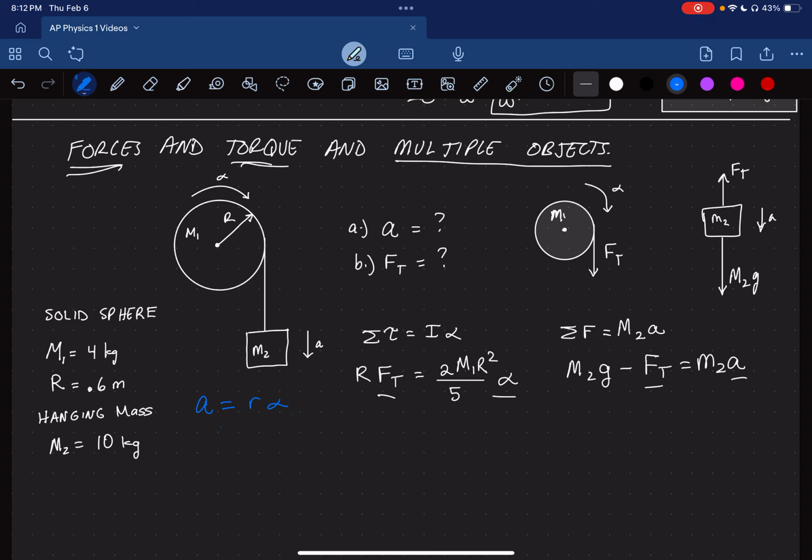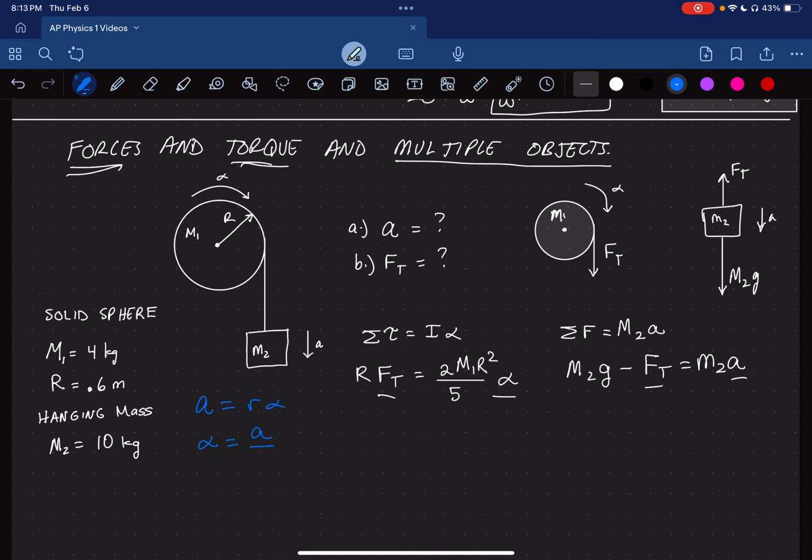Now here's the deal. We want to figure out acceleration and Ft. What we shouldn't do is start putting this in for a. Don't do that. Because we don't want to get rid of a. We want to keep a so that it's in the equation so we can solve for it. What we want to do is rearrange this and have an equation for alpha.